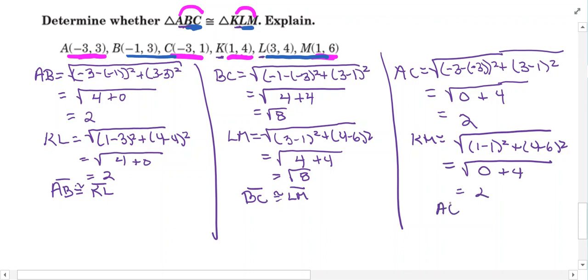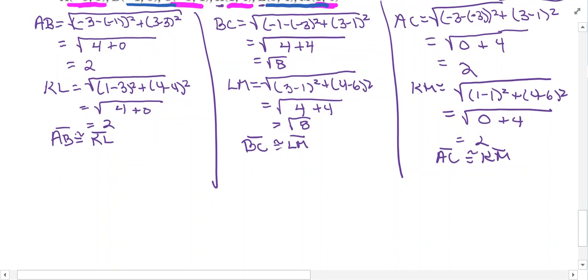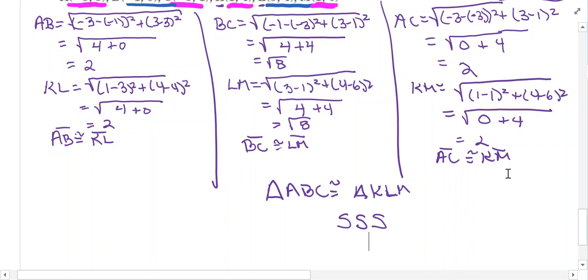So we have that AC is congruent to KM. Therefore, we have that triangle ABC is congruent to triangle KLM. And that's by side, side, side. And that concludes the lesson 4-4 and 4-5.